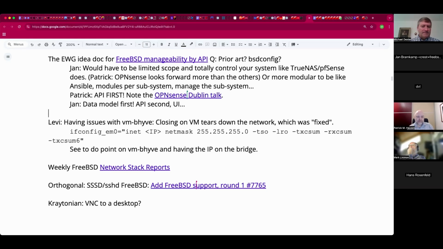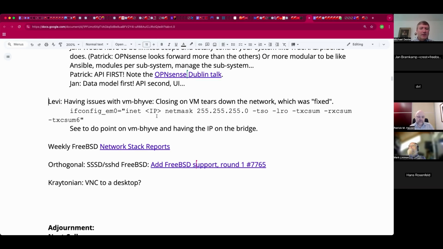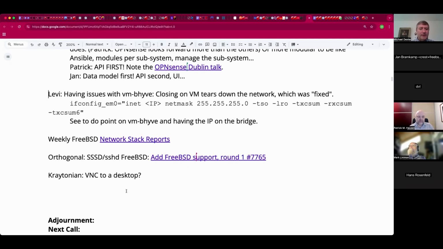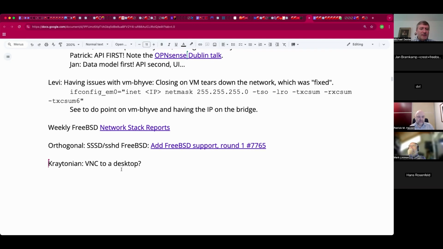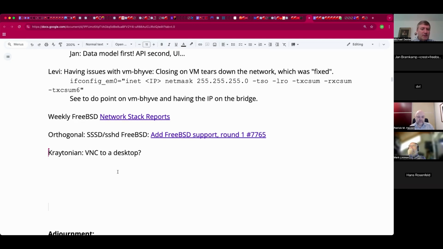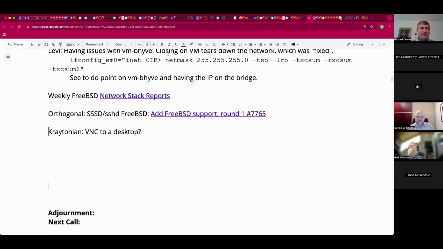But the promised land is promising. For those who care about vm-bhyve, users repeatedly bump into the fact that it's setting up network for you. It's not setting up in an optimal manner. A colleague bumped into that, and it's like, wait, I thought this is a solved problem. And that said, documentation. There, I said it.